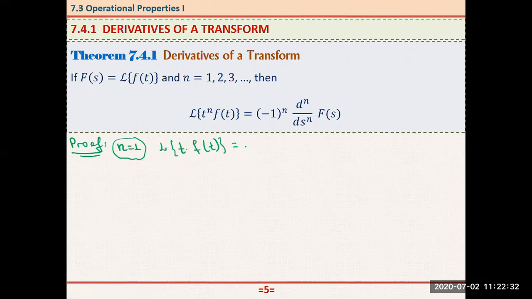So using the definition, we have the integral from 0 to positive infinity of e to the power negative st times this function, t times f(t), dt. I just need to evaluate this integral. How can I do that?